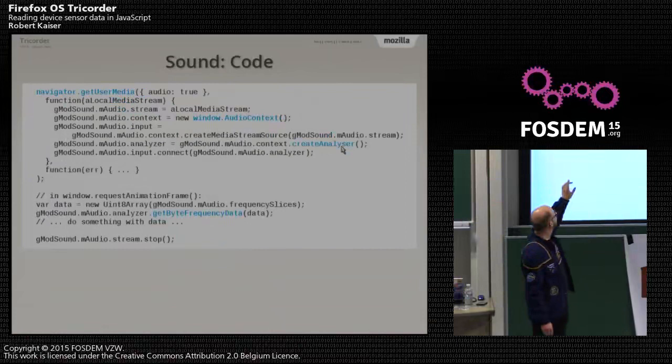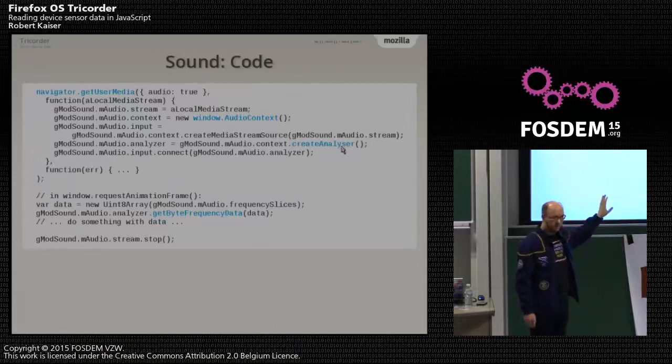So the easy part is the navigator.getUserMedia call itself. We set audio true because we only want to have the microphone. GetUserMedia could fetch video from the camera as well, or a single picture from the camera.